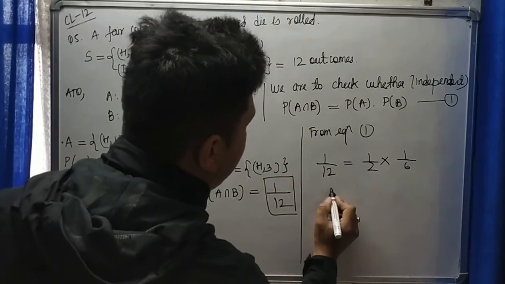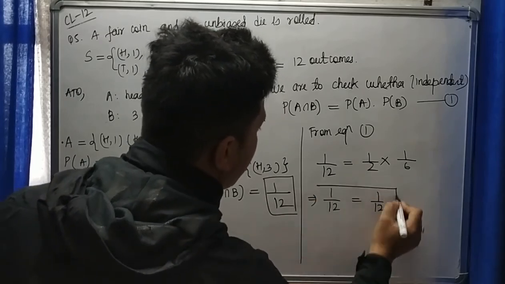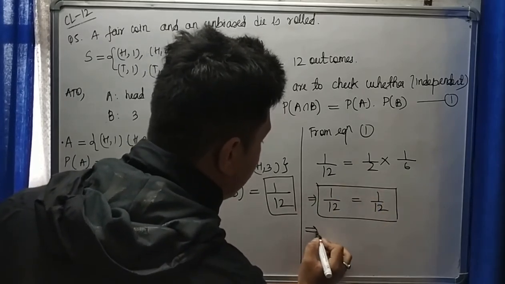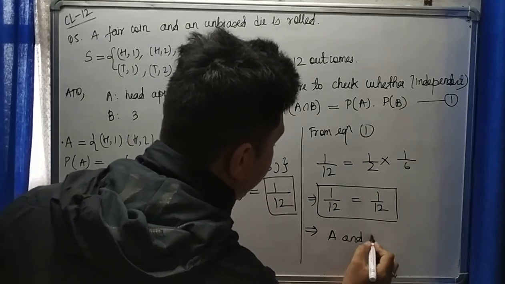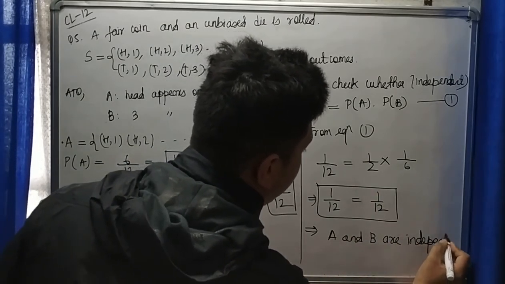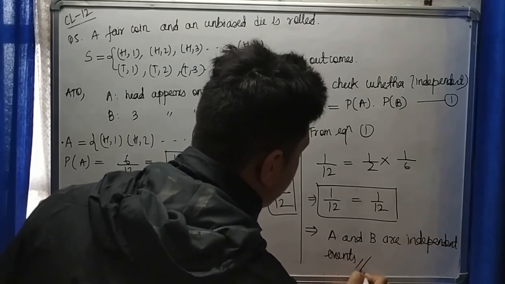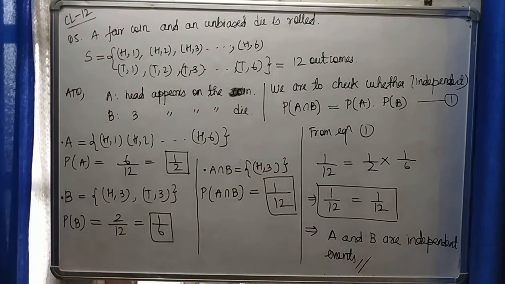If you multiply, you get 1 by 12, which equals 1 by 12. So what does it imply? It implies that A and B are independent events. We have checked that A and B are independent events because that formula is satisfied here.